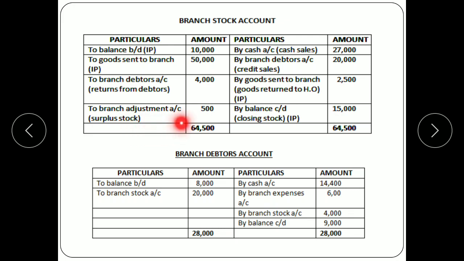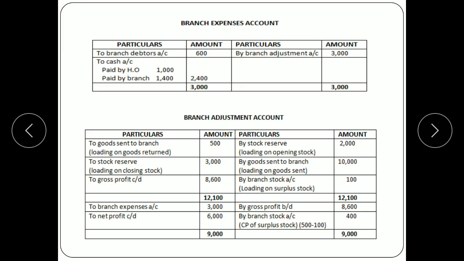To branch adjustment account over here, see surplus stock we had value written as 500, but when we had transferred it we have adjusted only 100, so there is balance of 400 remaining which is to be adjusted. So we record it on credit side, by branch stock account, that is cost price of surplus stock 400.